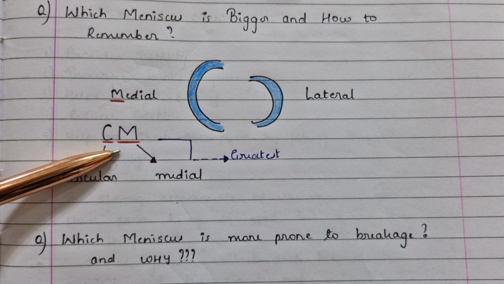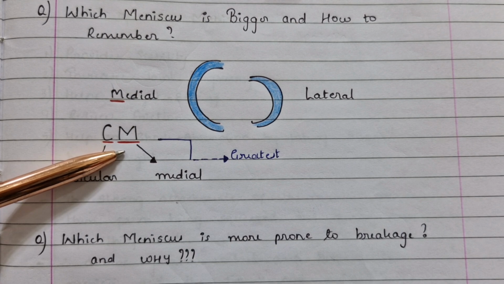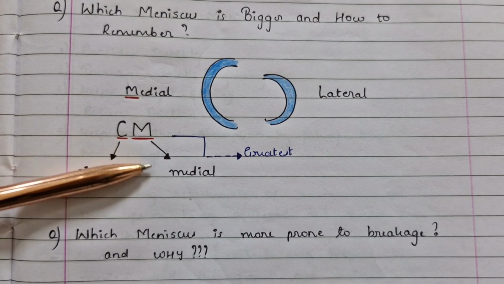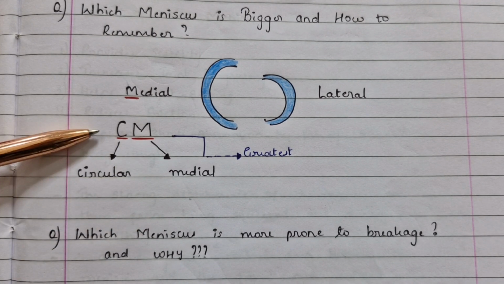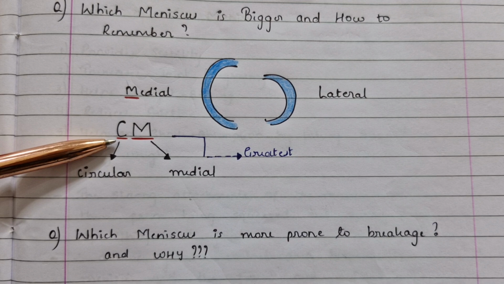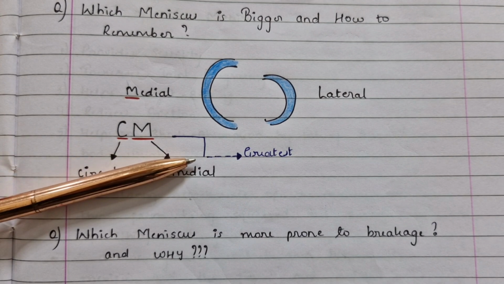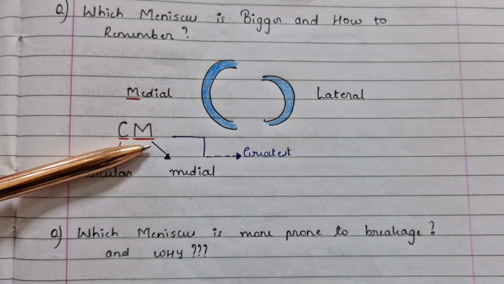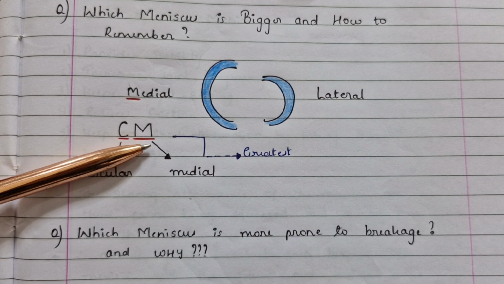So you need to remember that the CM is the greatest person. So in other words, M for medial meniscus and C for circular in shape, this medial meniscus is the greatest, or it means that the medial meniscus is bigger than the lateral meniscus.